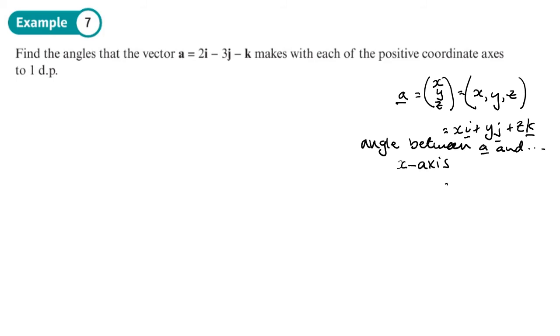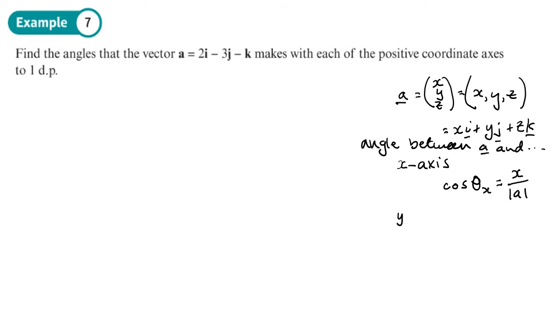Now the cosine of the angle between the vector and the x-axis is equal to the x part of the vector divided by the length of the vector. So whatever that number is where x is, divided by the length of the vector. So you would do Pythagoras to find the length of that vector. So that's for the x-axis.